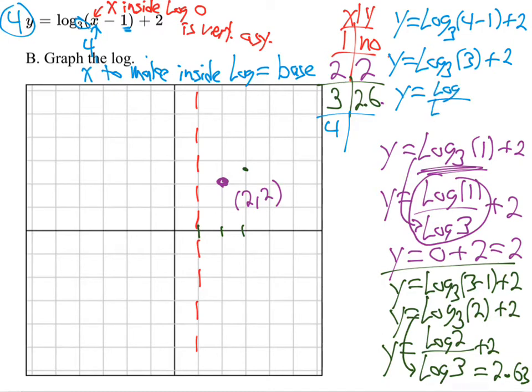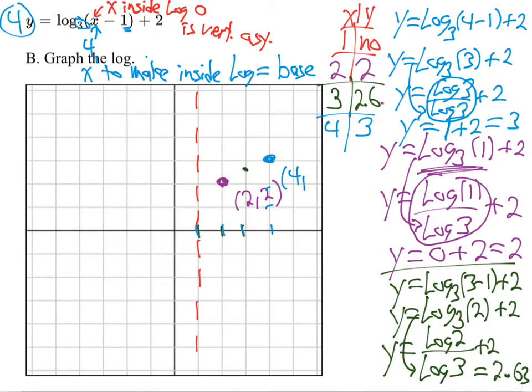The base goes to the bottom. The other one's on the top. And what's log 3 over log 3? Well, the same thing over itself is always 1 plus 2. This is 3. So that's the point over 4. 1, 2, 3, 4 up. 1, 2, 3 right there. So over 4 up 3.